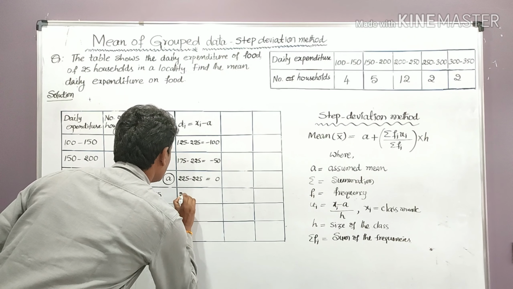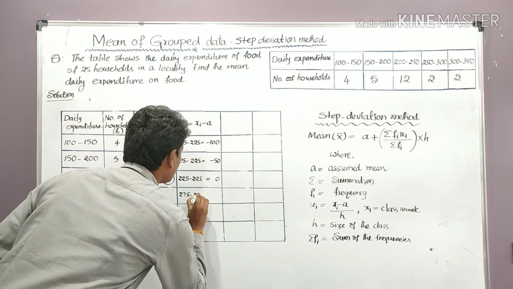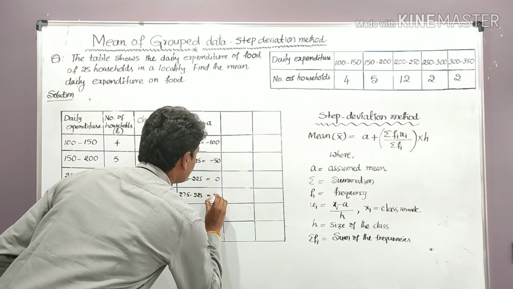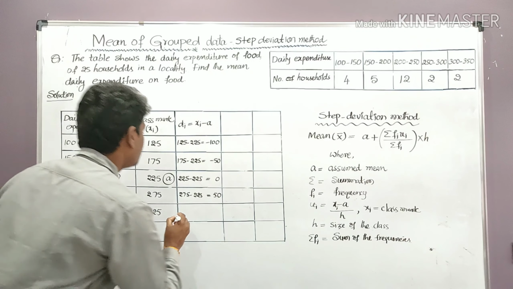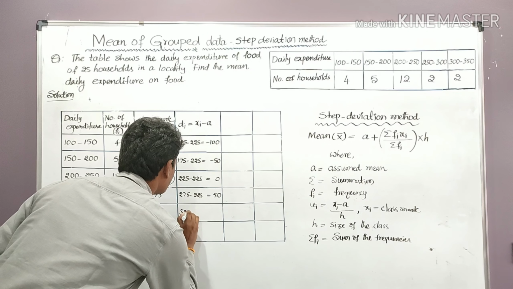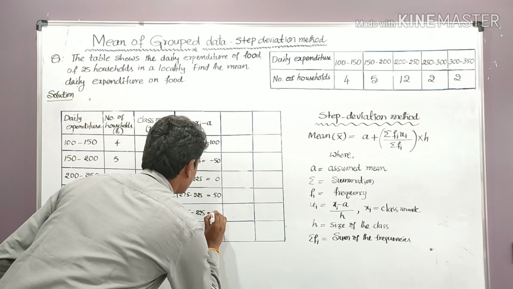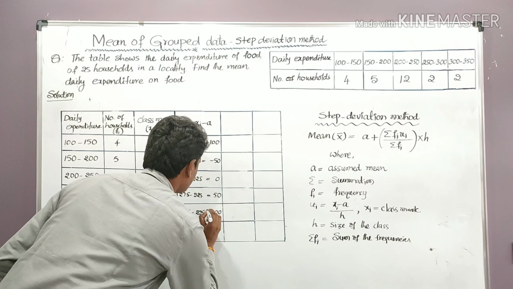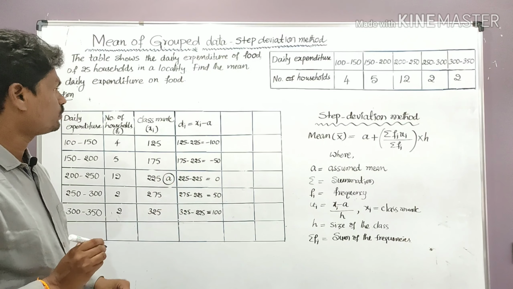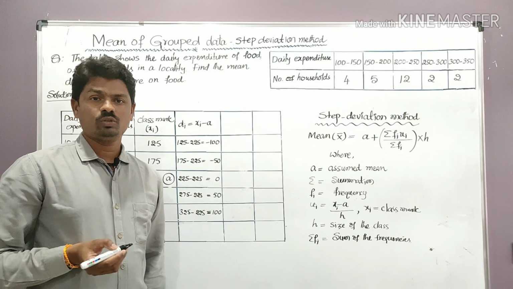Next, 275 minus 225 is equal to 50. Next, 325 minus 225 is again equal to 100. These are the di values, student.